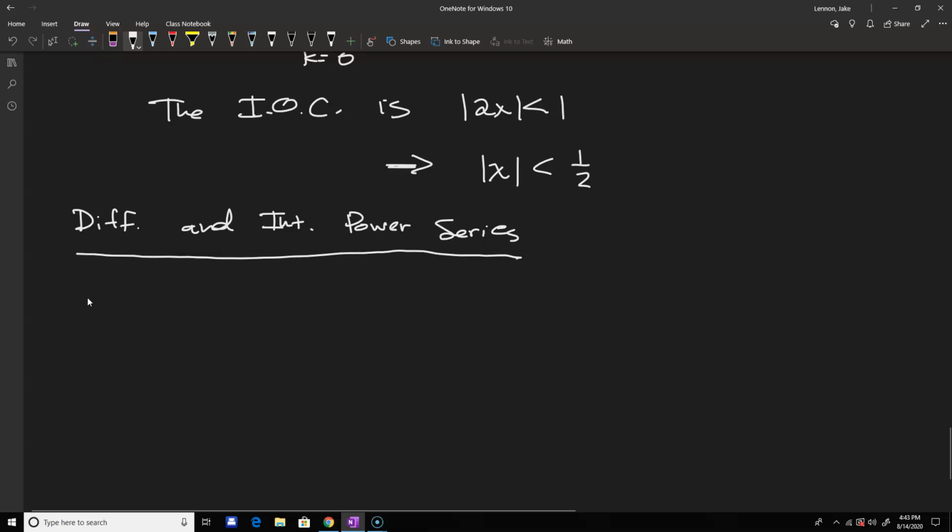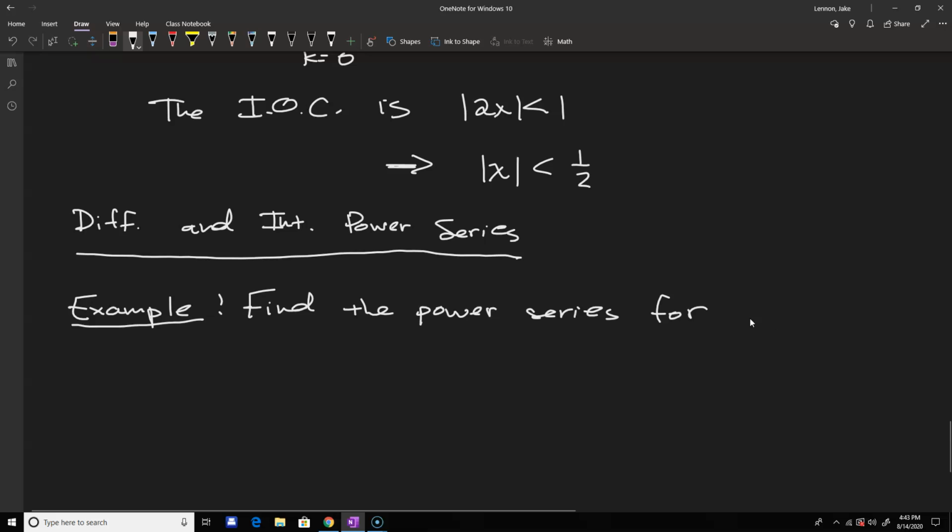So let's say, example, find the power series for, let's say, y equals 1 minus x to the negative 2.